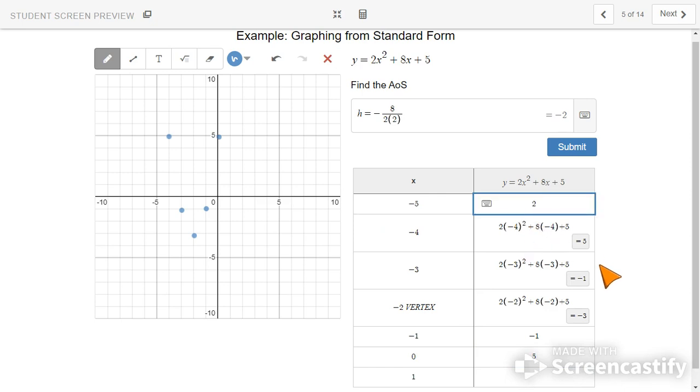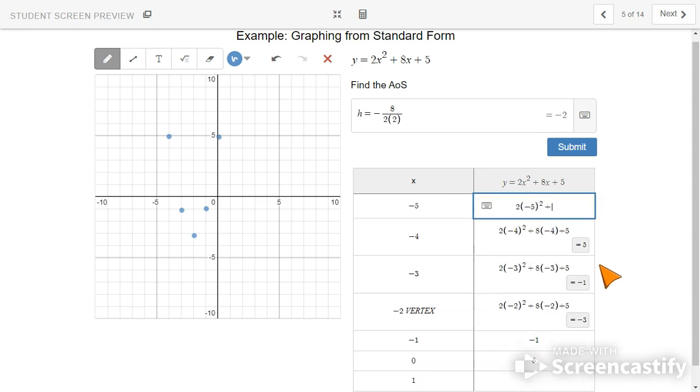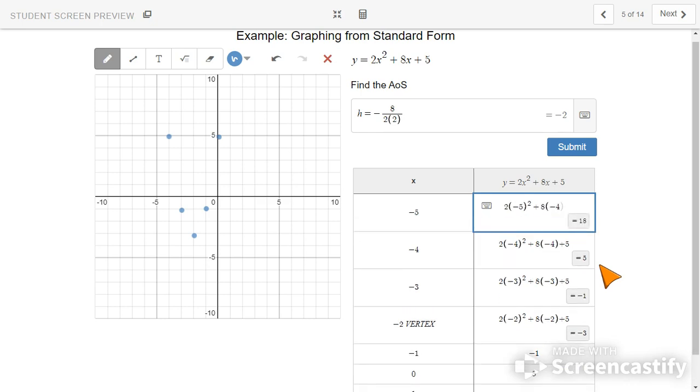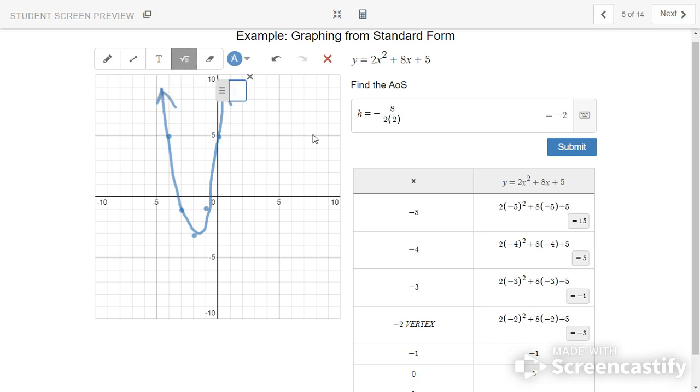And finally, negative 5. Positive 15. Now we know that that goes really high up, so it's going to be a very steep line. I'm just going to draw arrows to show that it continues up that way. So this is a fairly rough graph, but we have y is equal to 2x squared plus 8x plus 5.